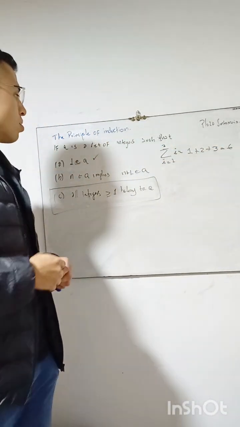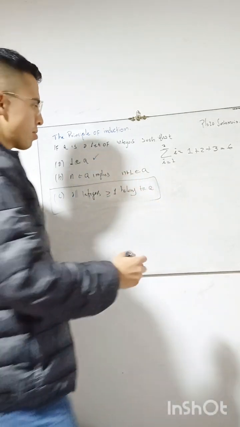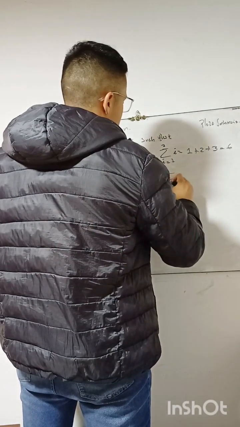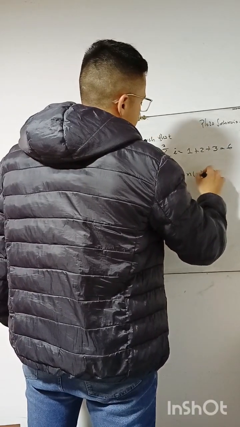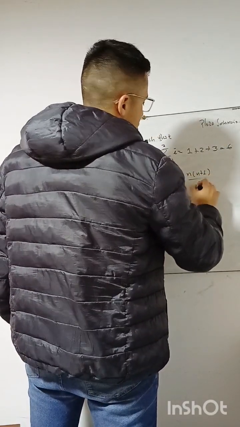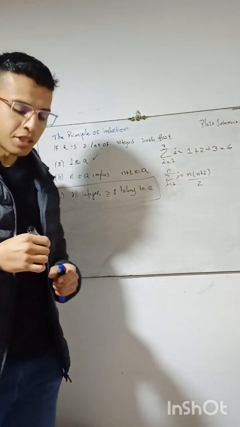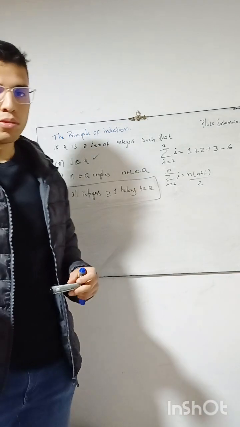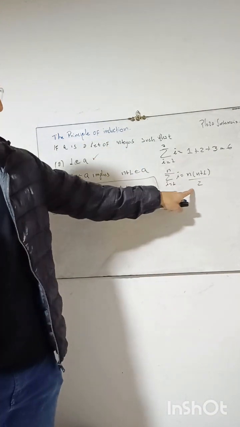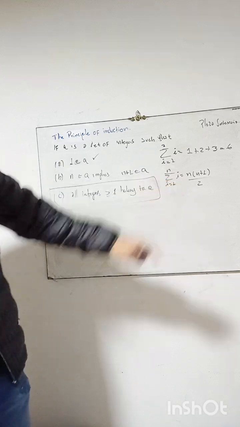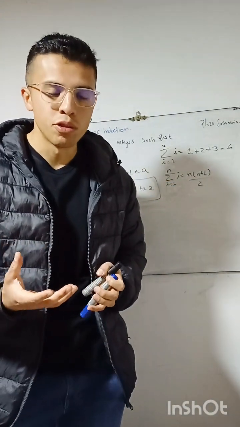Yes. So for this case, this formula is true, and I need you to trust me. It's true for this case. If you want to understand the reason the sum equals that formula, you need to search about Gauss.